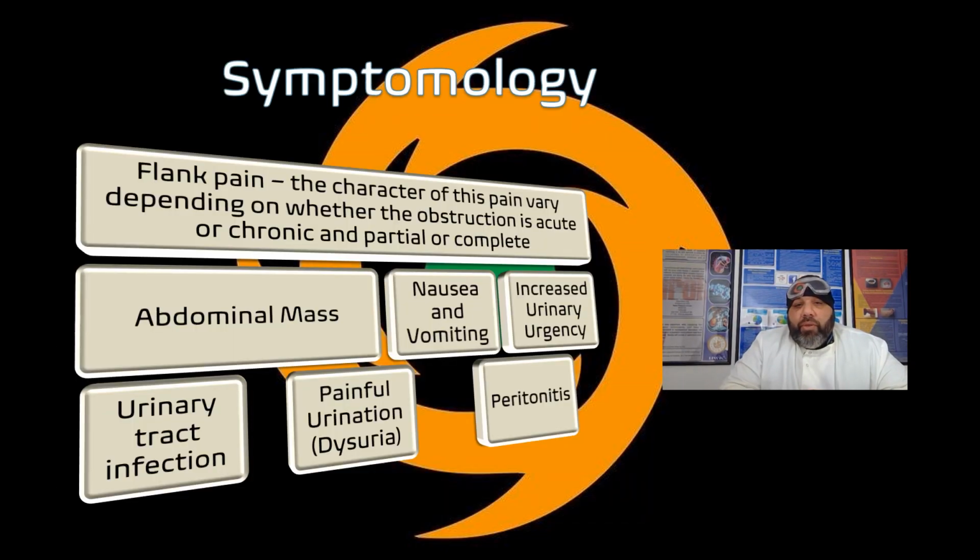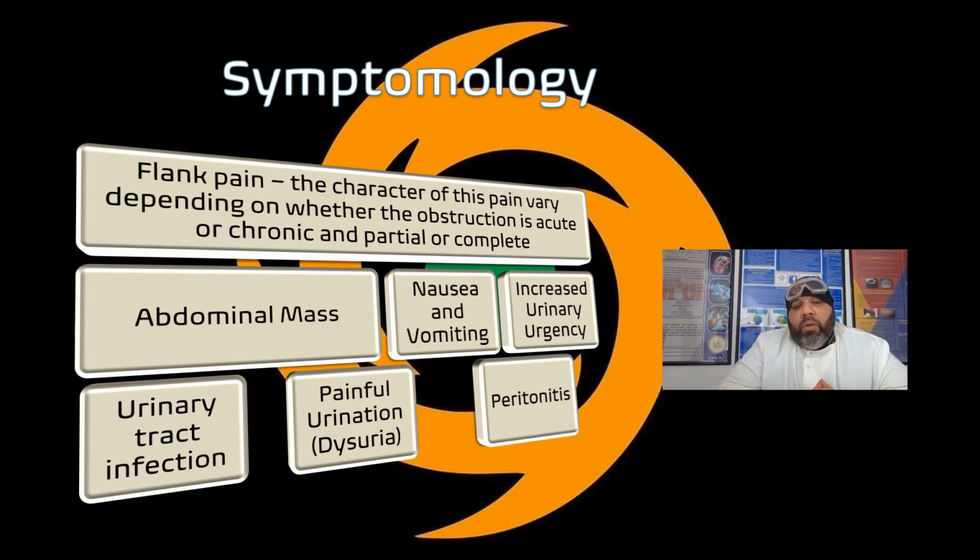So as part of the symptomology, there can be flank pain, where the character of this pain varies depending on whether the obstruction is acute or chronic, and partial or complete, relating to hydronephrosis.